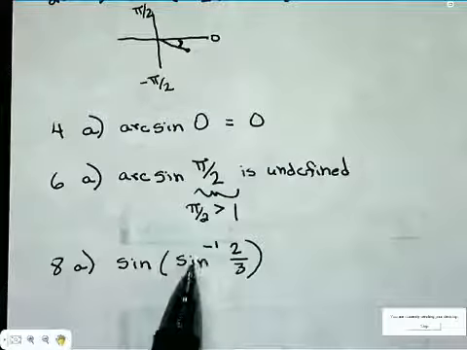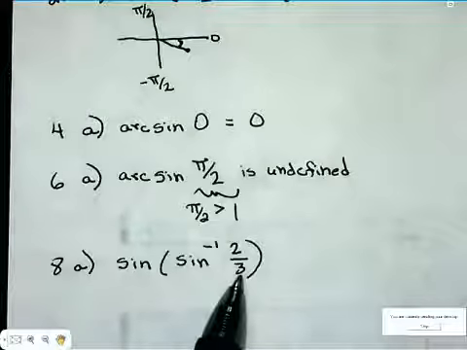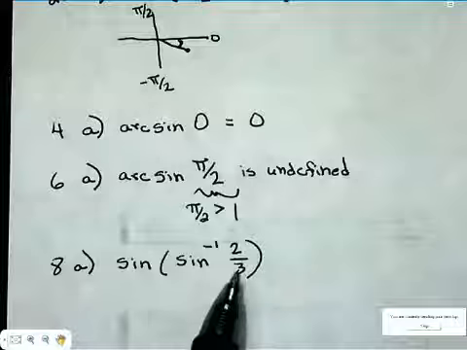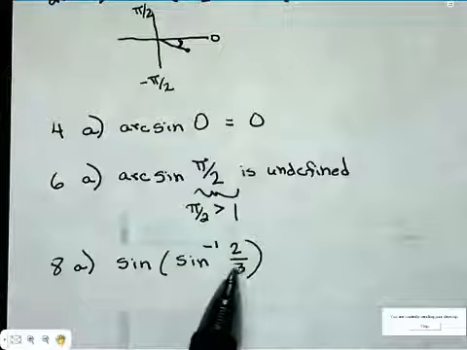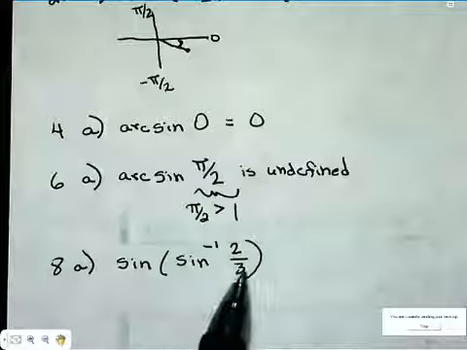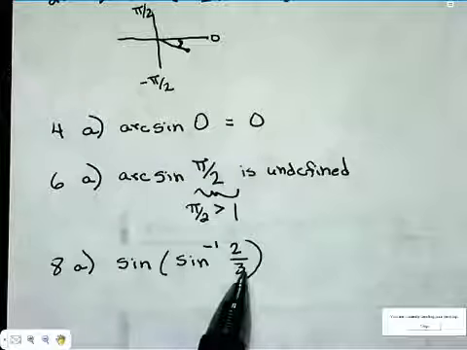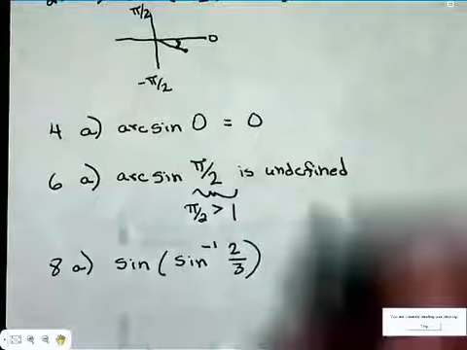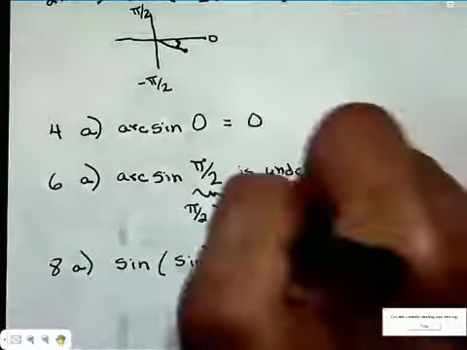Could you take the inverse sine of 2/3? As long as it's a number between -1 and +1, yes, you can. And so if you can take the inverse sine of 2/3 and you find it, and then you take the sine of that number, those should just undo each other and leave you the 2/3.